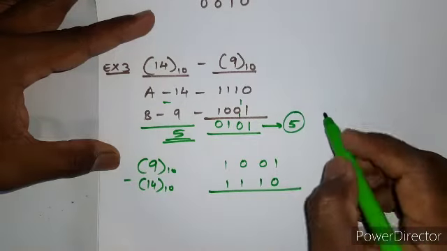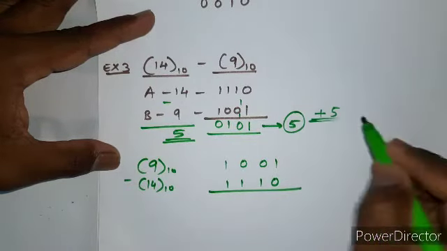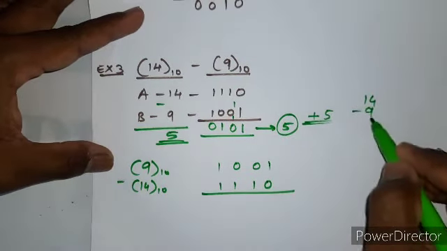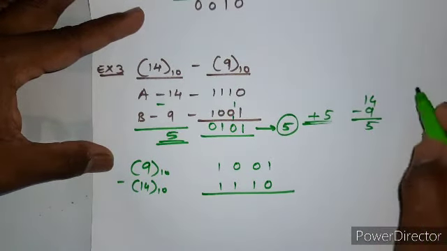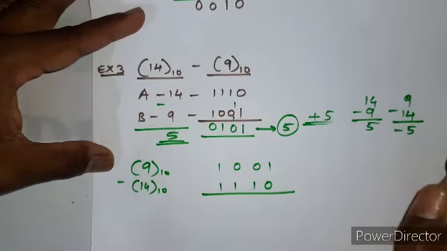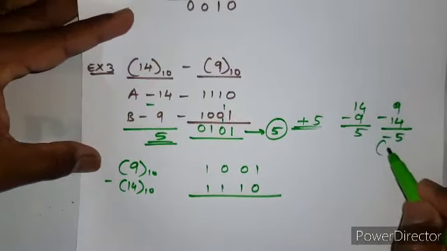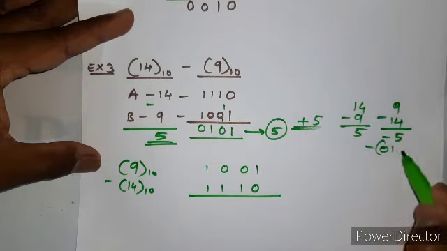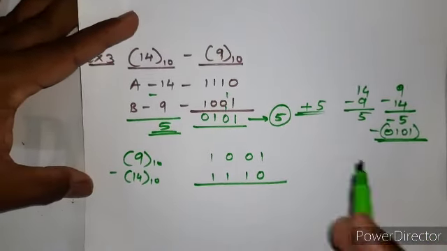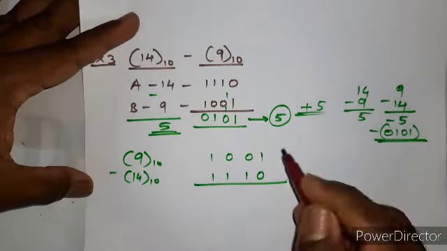Now here we got the answer as plus 5 for 14 minus 9, and for 9 minus 14 we should get minus 5, which means minus 0101. We should get this answer. Let us see whether we are getting that answer or not.